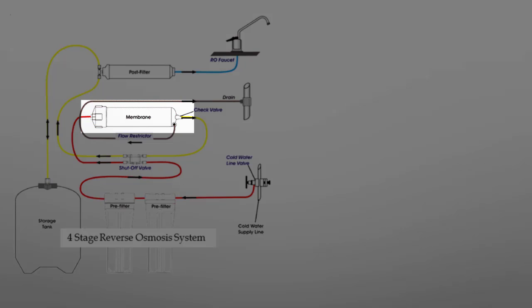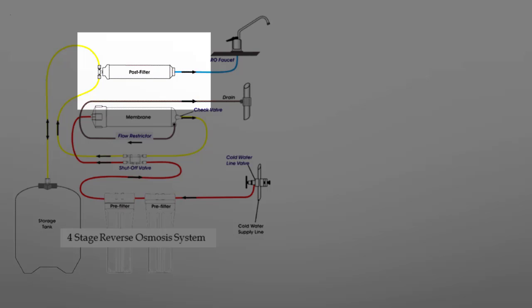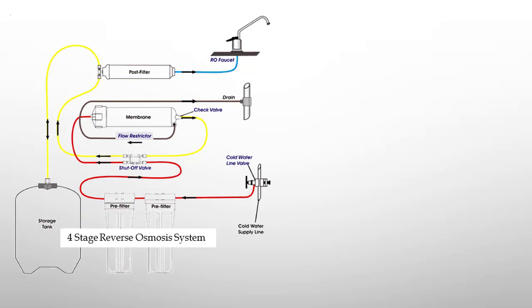The membrane would be considered the 3rd stage in this drawing, and there is a post-filter utilized. This 4th stage filter is after the membrane to help with taste or filtration requirements, and any additional filtration added, such as a 3rd pre-filter, would change this drawing to a 5-stage system, and so on if further filtration points were used.